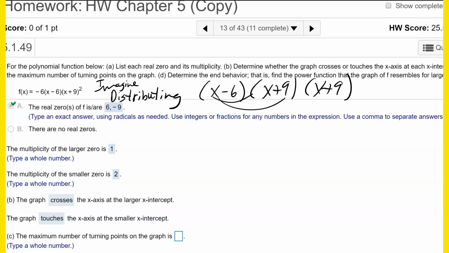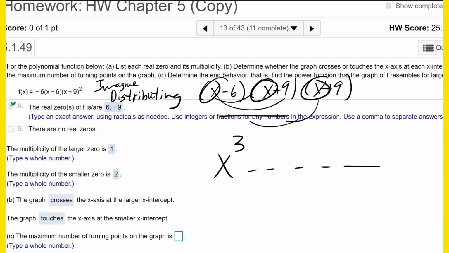If you were to distribute all this, and then take that and distribute it with that, what's going to be your highest exponent? Well, you've got 3 different x's that are going to be multiplying together eventually with the distributing. So you're going to end up with an x cubed, right? And there may be several other terms there, but the only term that matters is the x cubed term. It also may matter eventually that there's a negative 6 in front of that whole thing. So let's just say negative 6x cubed. It doesn't matter for this next answer, but it will matter for an answer in a minute.